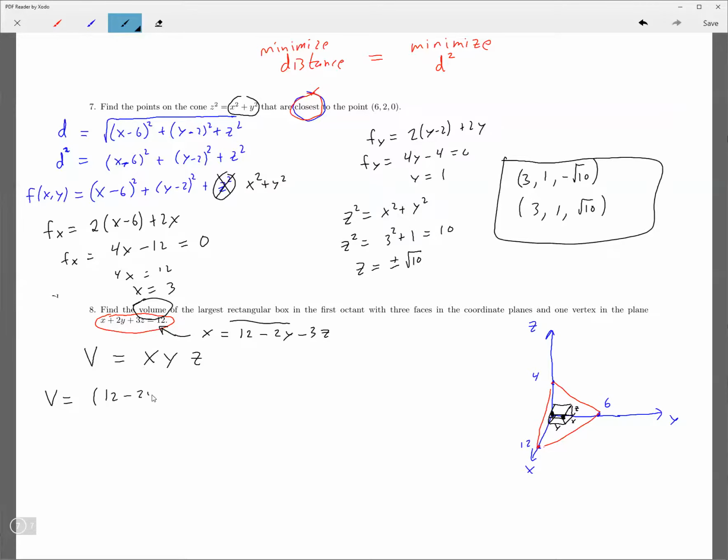That's 12 minus 2y minus 3z times y times z. Okay, and then we have a function in y and z, which is, let's see, 12yz minus 2y squared z minus 3y z squared.